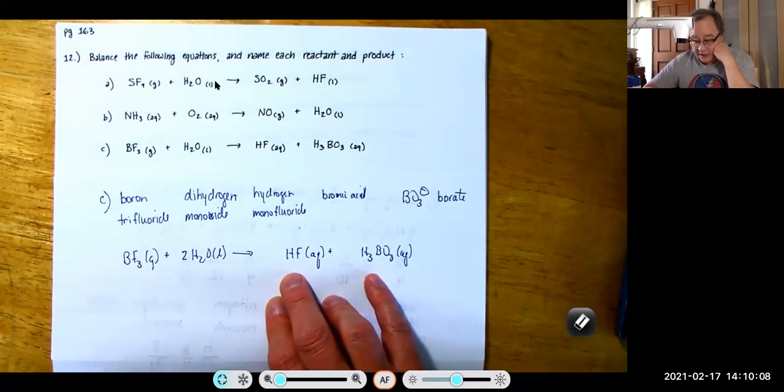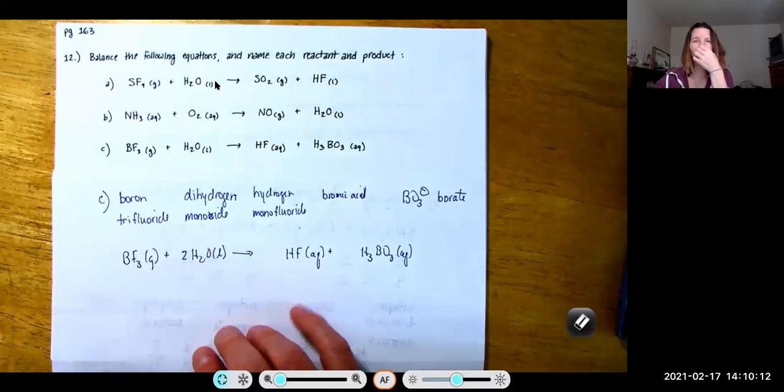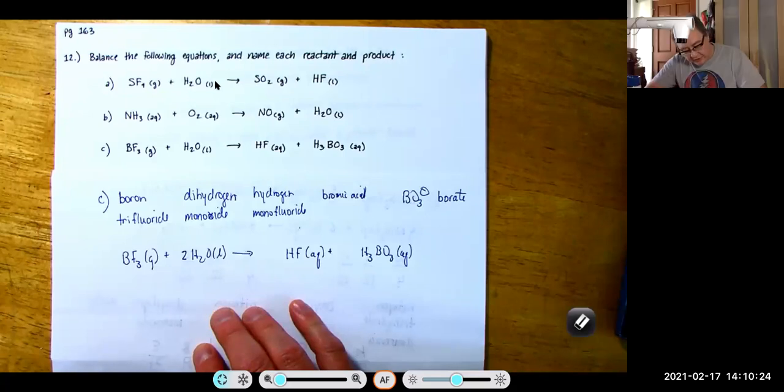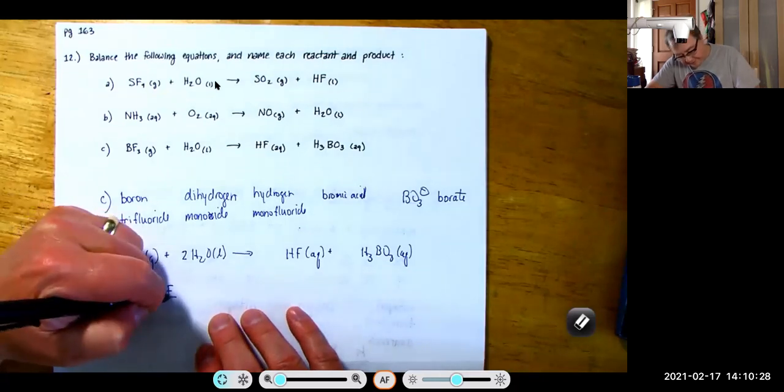No, there's 2 on the left now. Oh, 2 on the left now. I was looking at the wrong one. I always end up looking at the original instead of where I'm working. If you have trouble keeping track, just do this.